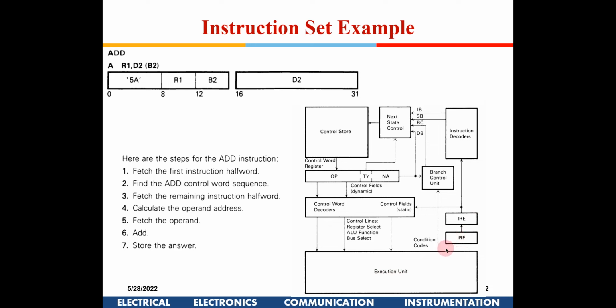So you will find two things are happening here simultaneously. While one instruction is being executed out here, the next instruction is being decoded in the upper part. So you have two distinct things out here: an execution unit and a control unit. The function of the control unit is to fetch the instructions from the IRF register, decode it, and give the appropriate signals to the execution unit.